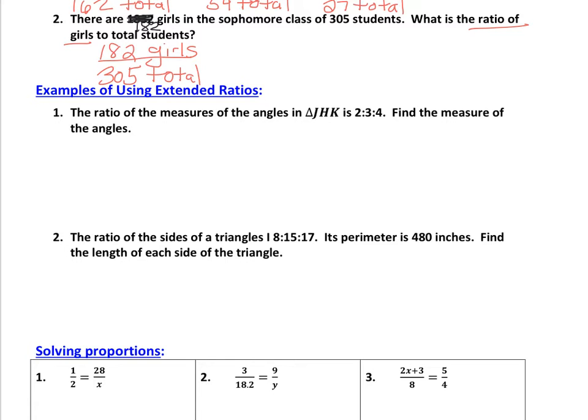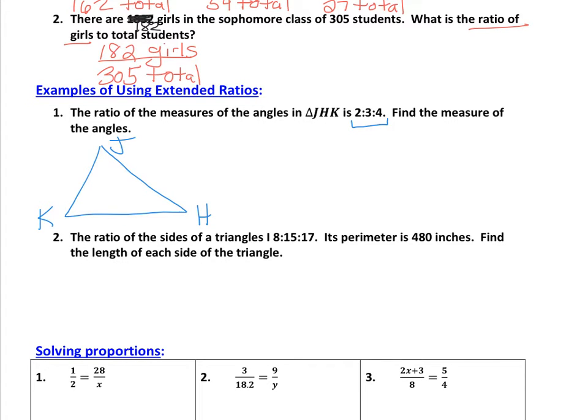Okay, so the ratio of the measures of the angles in triangle JHK is 2 to 3 to 4. That's how we would read that. Find the measure of the angles. It's not a bad idea to always draw some kind of diagram.